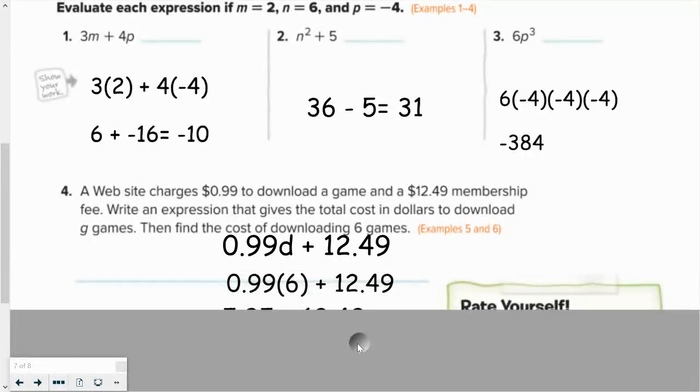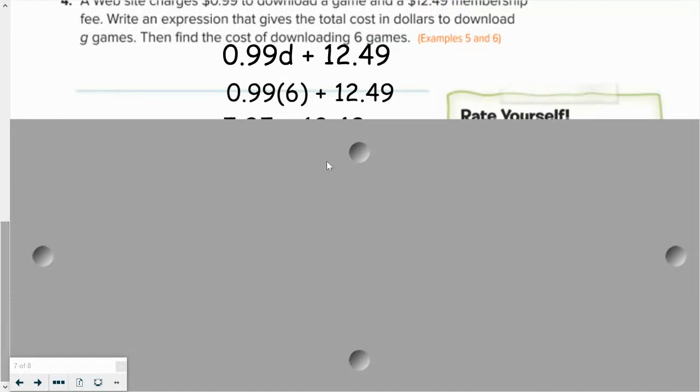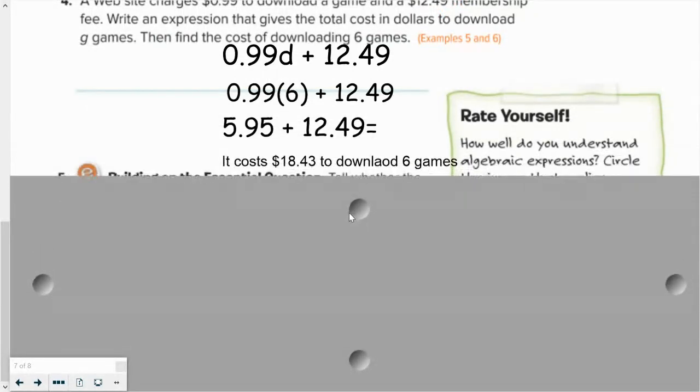Replace it with your 6 for your 6 games, and then you multiply, and then always try to write your answers in a complete sentence restating the question. It costs $18.43 to download 6 games.